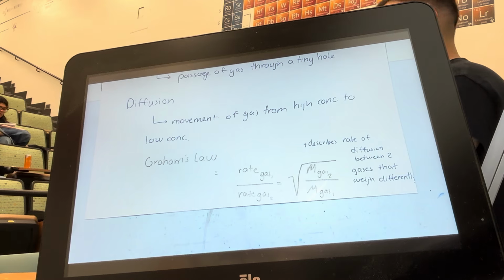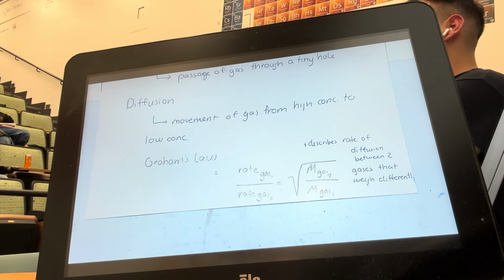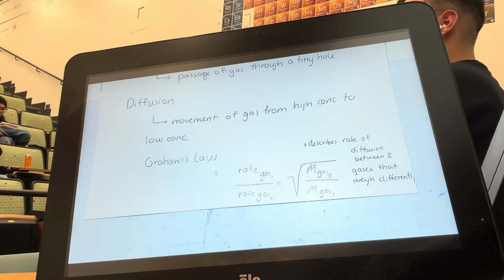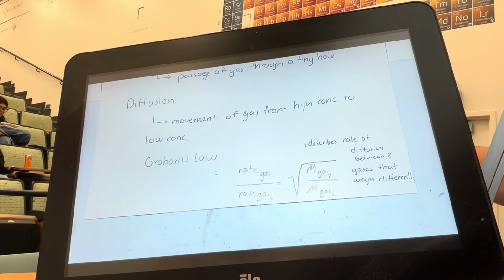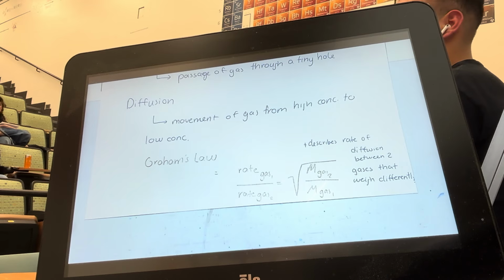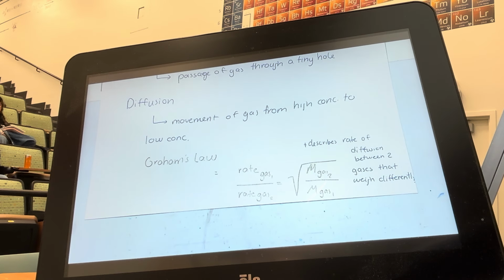What is the speed of oxygen? You should know that I've given a rate, and then I can use the periodic table to see how much oxygen weighs, which is diatomic. Oxygen is diatomic, so it's not 16, it's 32. And then argon is what, 39? From there you can find the rate of oxygen. Any more questions on chapter 5?